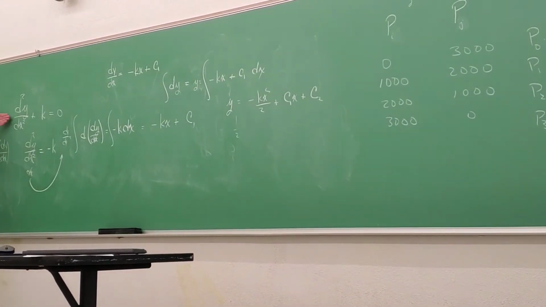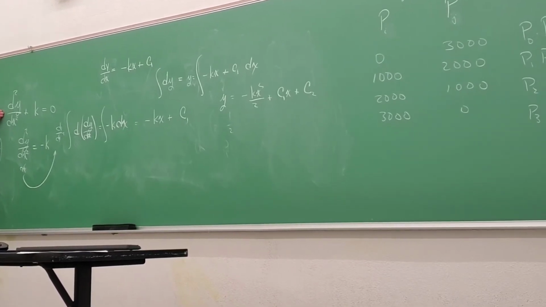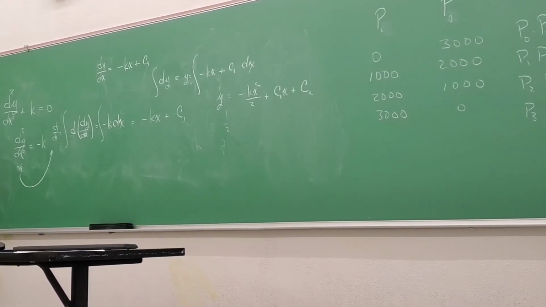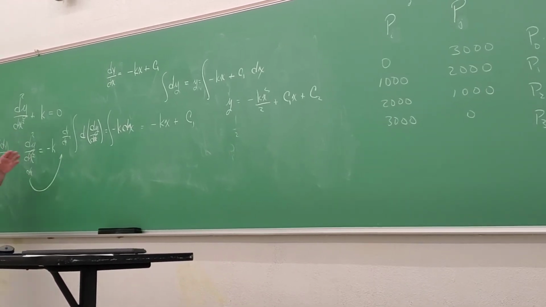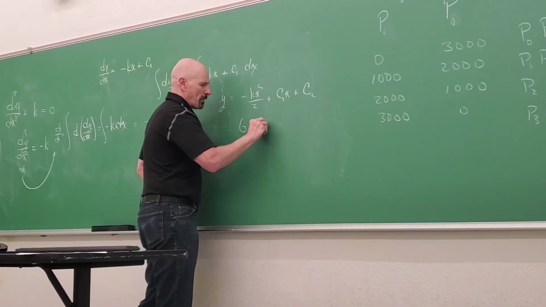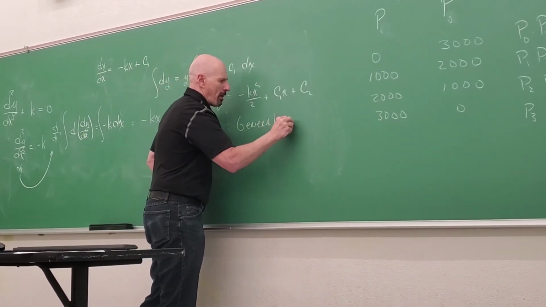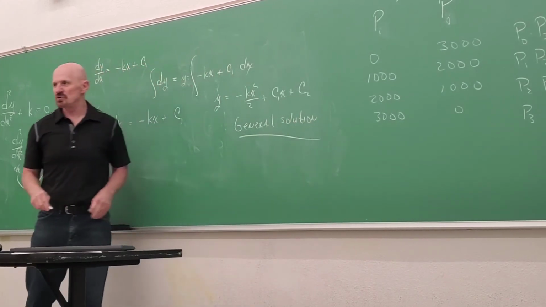So if we have two derivatives, which was most of the case, you'll see why later, then we're going to end up with two undetermined constants. This is called the general solution.